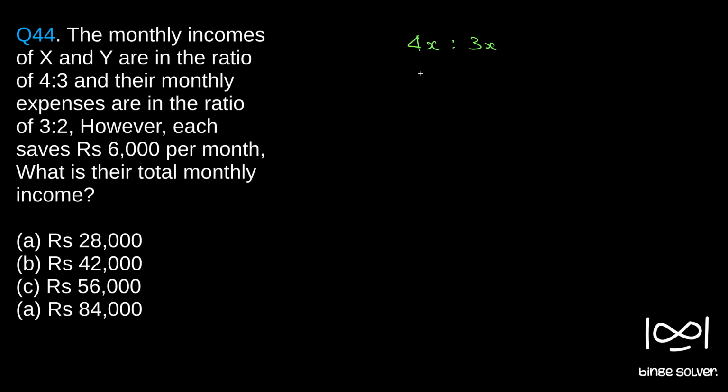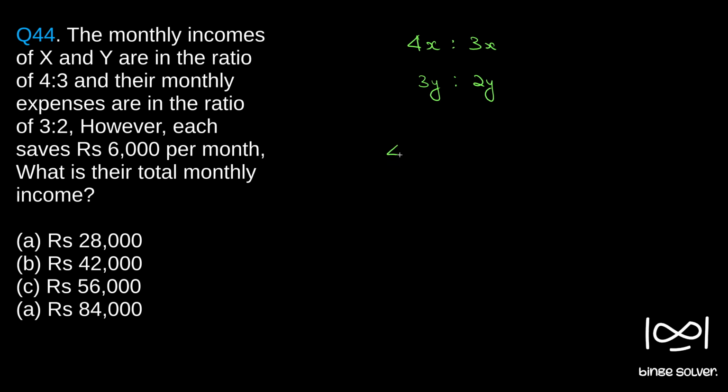And similarly, their expenses will be in the ratio 3y is to 2y. So their expenses are 3y and 2y, say. And it is given each saves rupees 6,000 per month. What is the total monthly income?